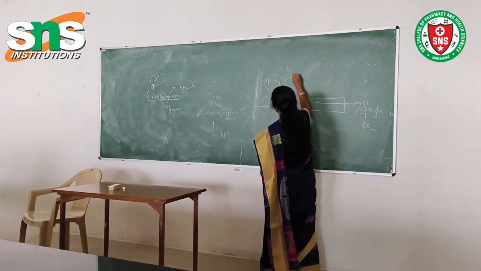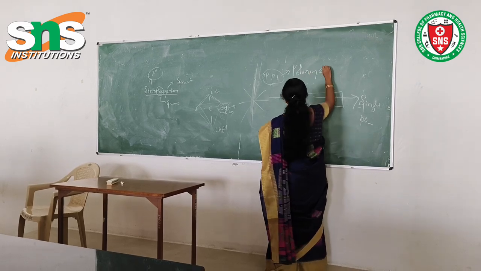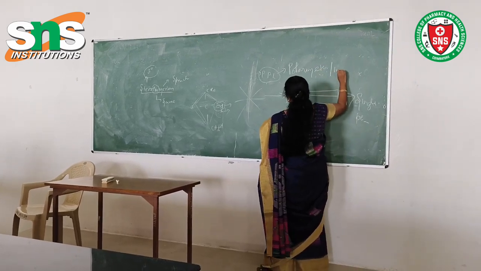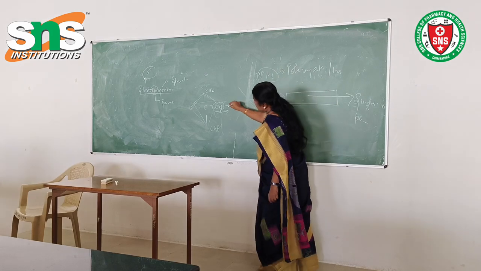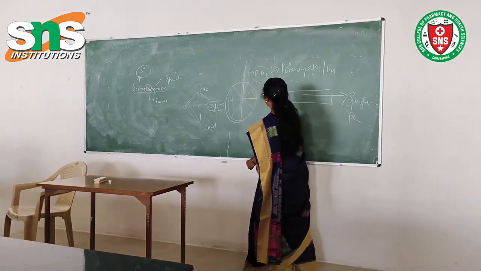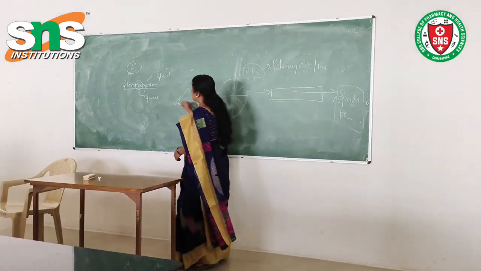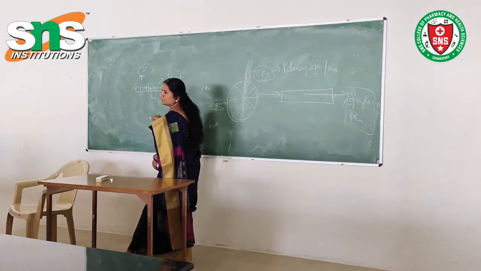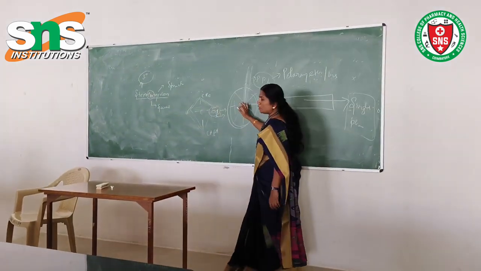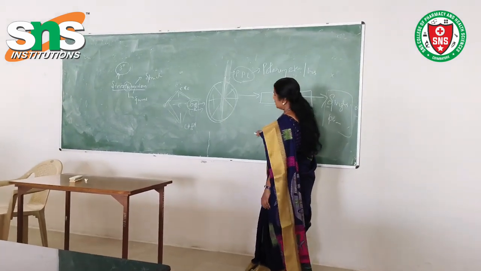So a polarimeter is an instrument which converts ordinary light into plane polarized light. The polarimeter converts the ordinary ray of light into plane polarized light.